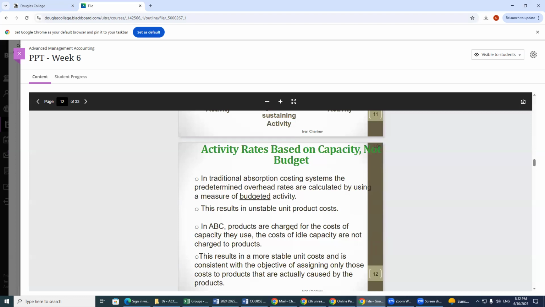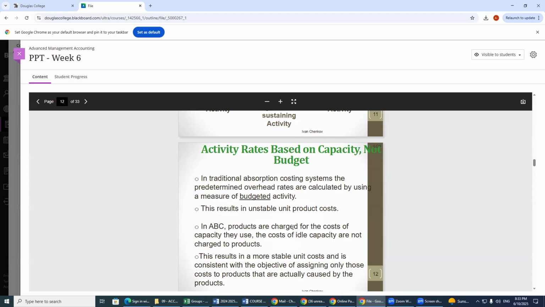Now, in order to understand this, we have to understand the traditional absorption costing system, which absorbs the fixed manufacturing overhead into the product cost. The predetermined overhead rate is calculated by using the measure of the budgeted activities. Whereas in activity-based costing, products will be charged only and only for the capacity that they use.